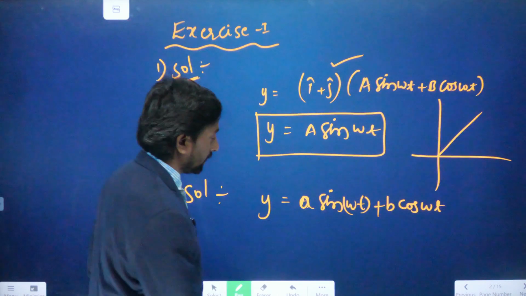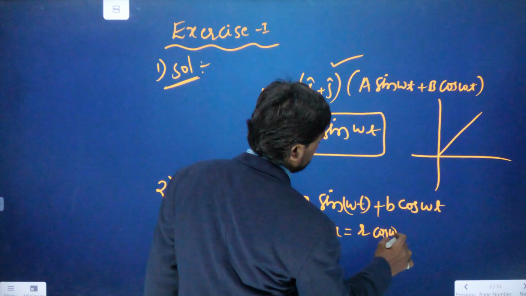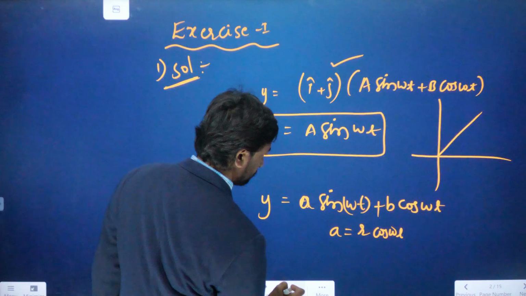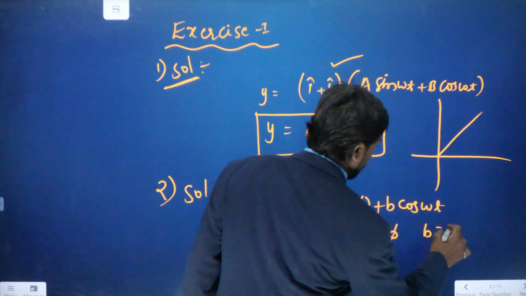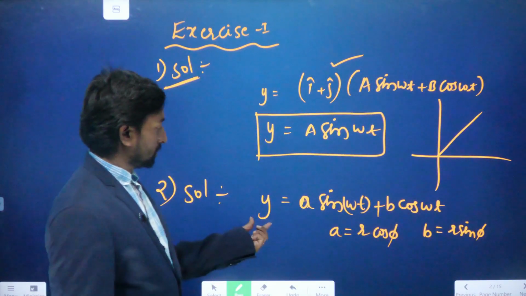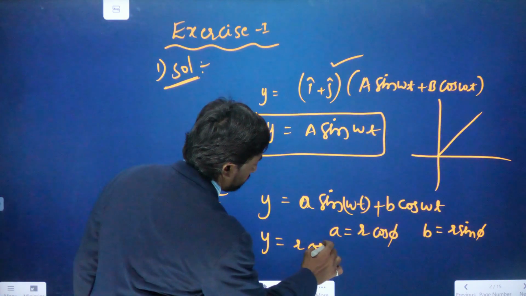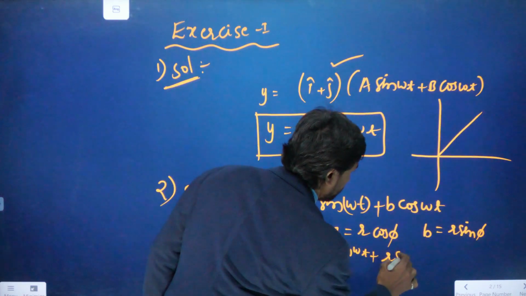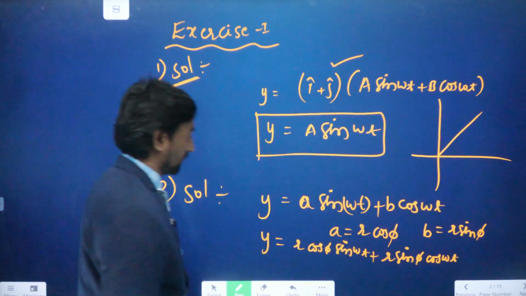If you take a is equal to r cos phi, and b is equal to r sin phi, then that equation will become y is equal to r cos phi sin omega t plus r sin phi cos omega t.